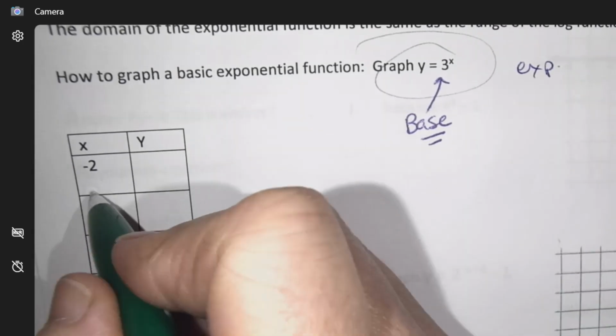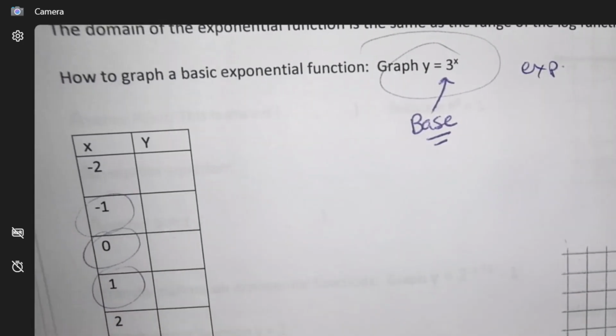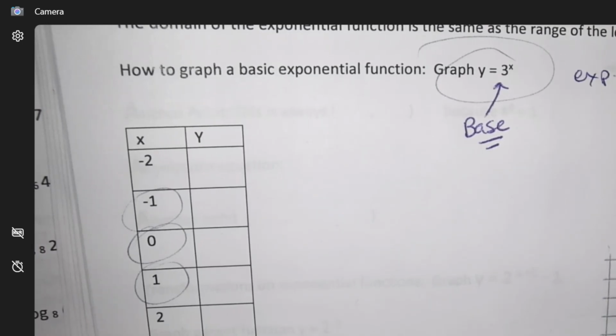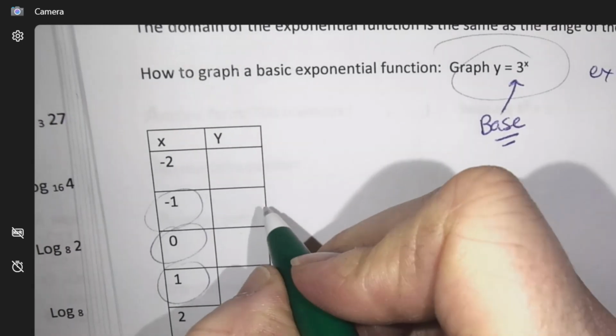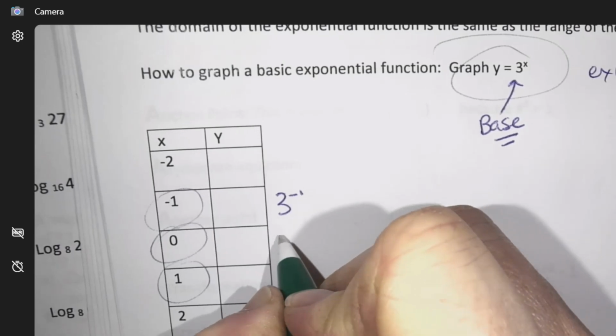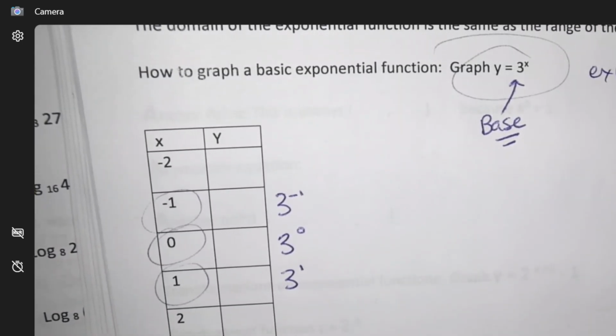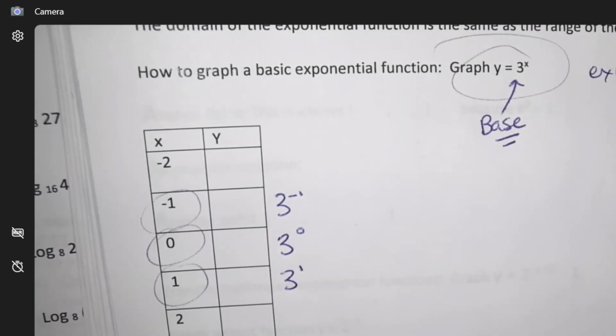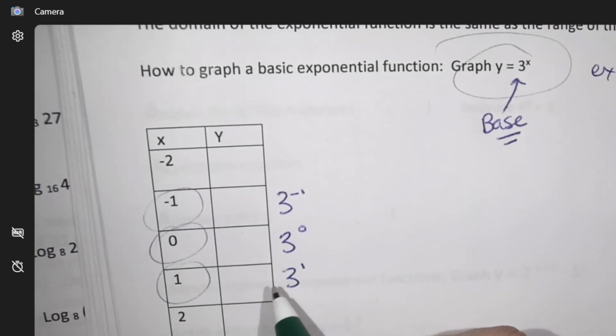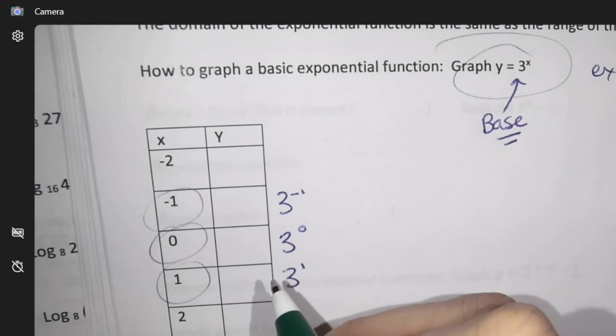I usually pick these x values, plug them in, and see what I get. So what is 3 to the negative 1? What is 3 to the 0? What is 3 to the 1? I'll start down here, this is the easiest. What is 3 to the 1?